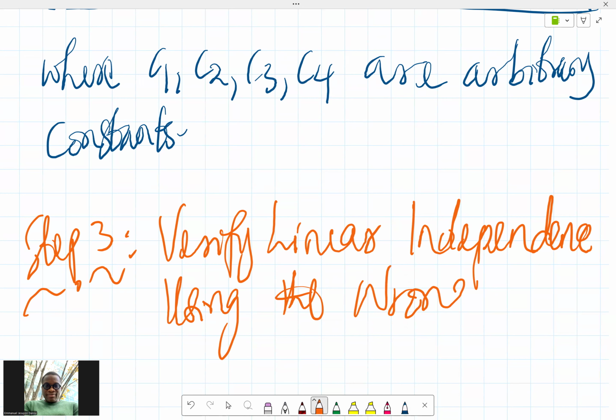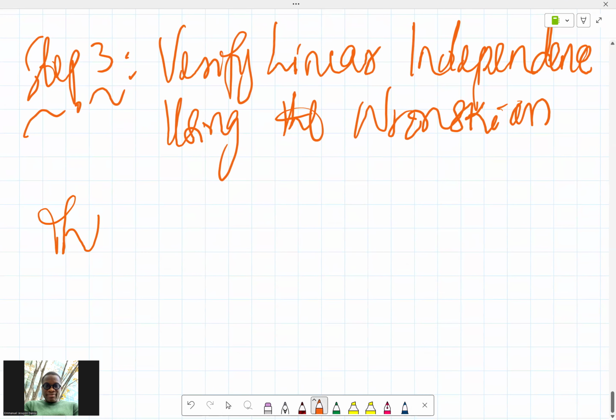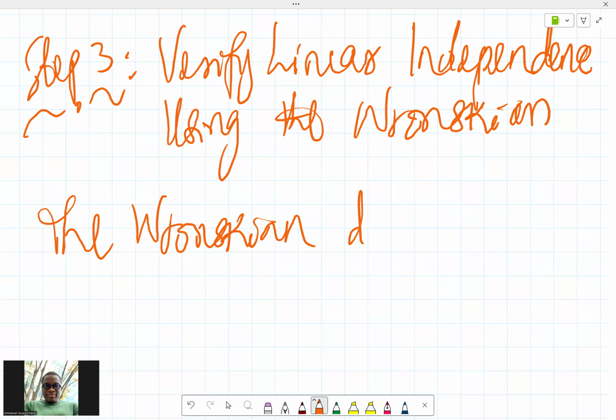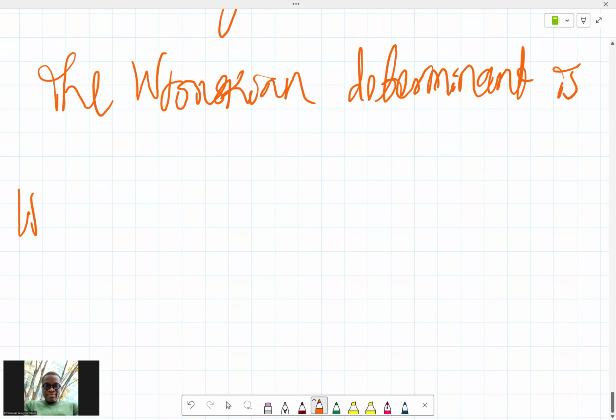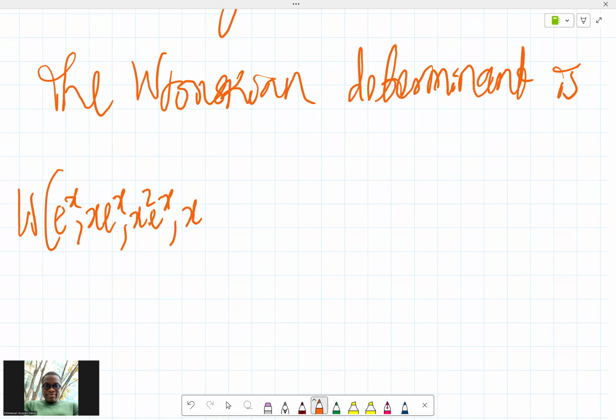So the Wronskian determinant is W of the solutions: e raised to x, x e raised to x, x squared e raised to x, and x cubed e raised to x. Those are the solutions.